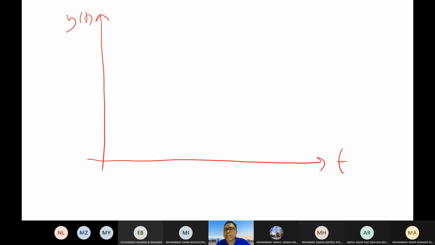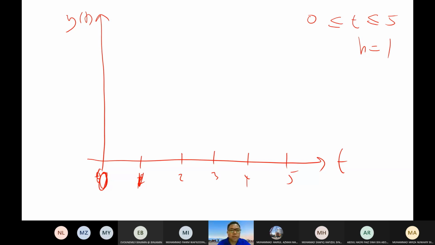So let's say T is only varying from 0 until 5, and my H is 1. So meaning that this is T1. Saya tulis 0, 1, 2, 3, 4, 5.